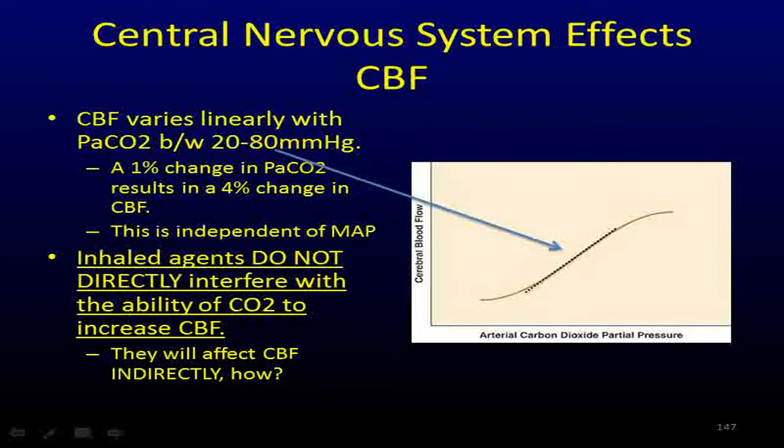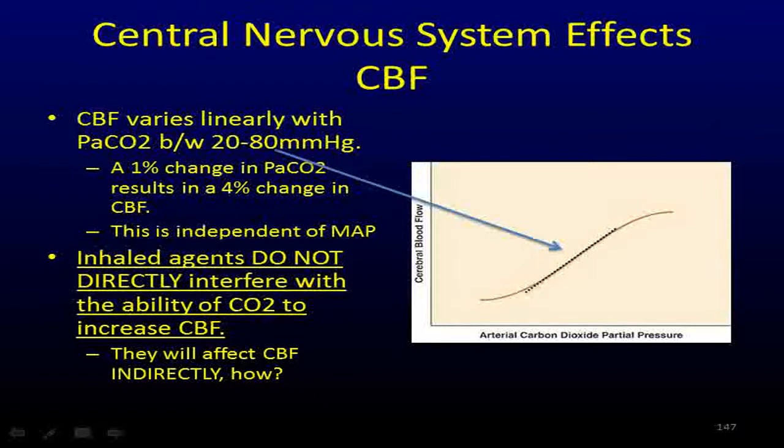However, if we don't control CO2, we're not going to interfere with the ability of CO2 to further increase cerebral blood flow. Cerebral blood flow is increased by agents. Yeah, that's what we're saying, the same thing. Cerebral blood flow is increased by agents on their own. Got it.